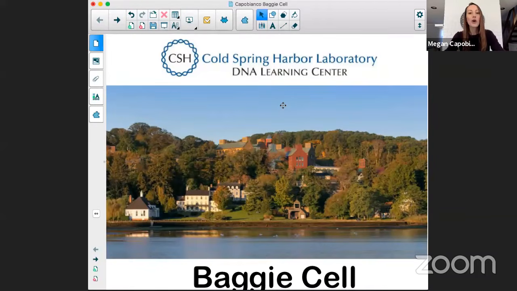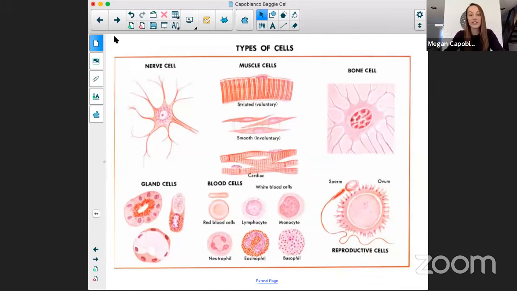Okay, so I'm going to share my screen with you. What we're going to take a look at here is some of the different cells that you would find in us. We have nerve cells, muscle cells, bone cells, blood cells, all different things. If you're taking a look, you're probably noticing that all of these different cells have different shapes.